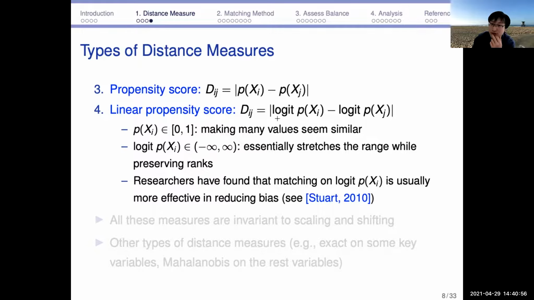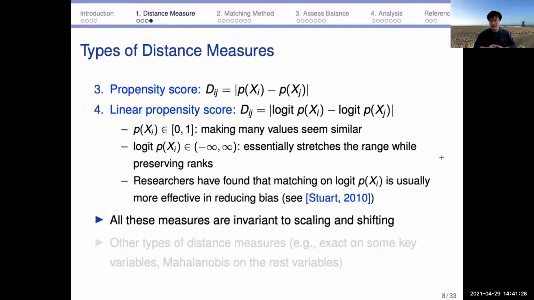Whereas if you use the logit transformation, then you stretch the range of the propensity score to the entire real line while preserving the ranks. Now, this is all intuitive argument. There's no theoretical justification behind it. But researchers have found that matching on the logit of propensity score is usually more effective in reducing bias in practice.